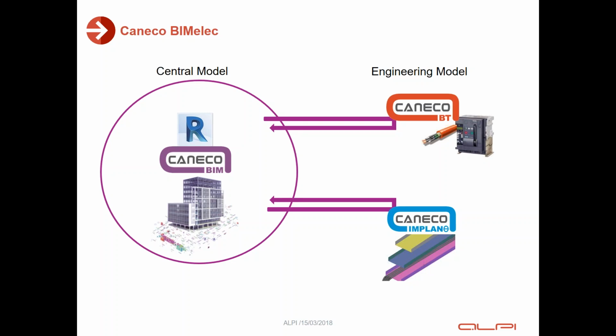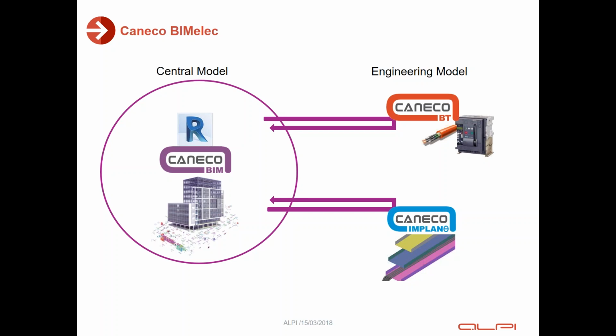What we are doing in Canico is to use the central model where you are using your own graphical engineering, making your families with lights, sockets, and distribution boards and everything.